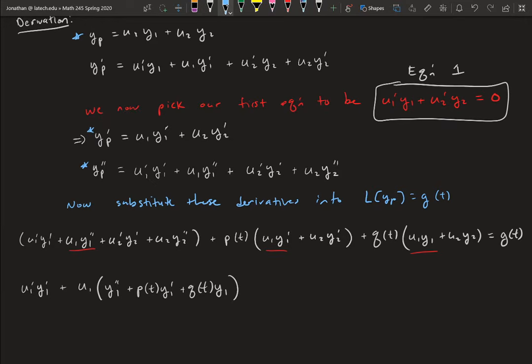And also plus u2 prime y2 prime, plus, and then we can factor out u2, which leaves us with y2 double prime plus p of t y2 prime plus q of t y2, equals g of t.